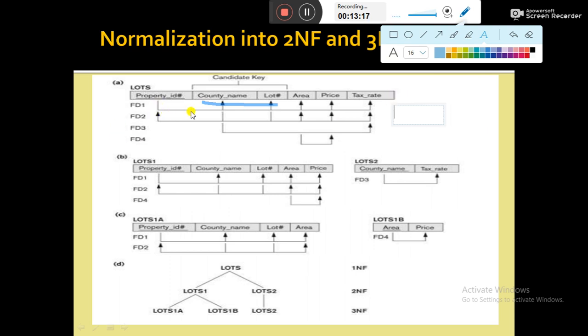This FD1, if we write it how it looks, it should be like that. Property ID hash, arrow, then property ID determines county name.